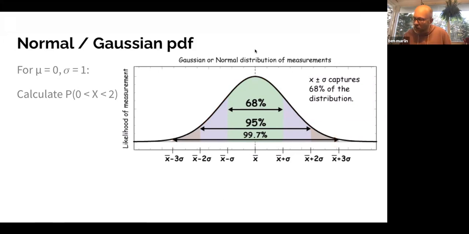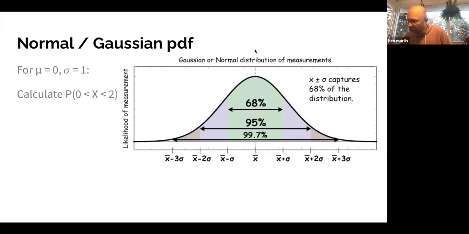So if I were to ask you here that for the mu being 0 and the sigma being 1, to get the probability that x is between 0 and 2, then on our picture here, you would see that that means you're to the right of center, and that you're not going to go out past that 2 sigma mark.